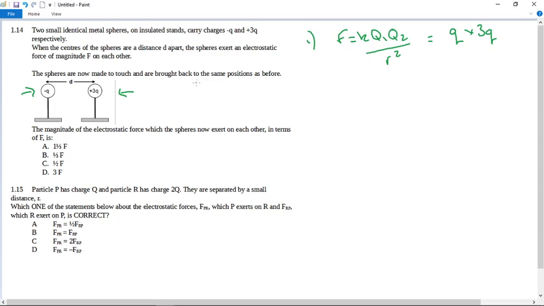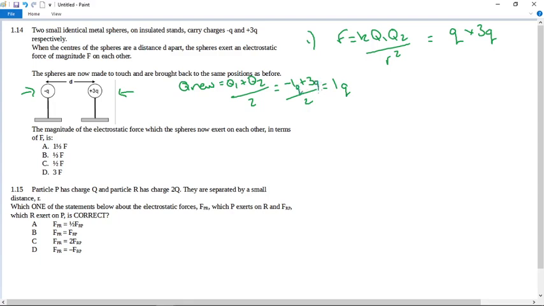If the spheres touch, the law of conservation of charge applies, and we get Q new equals Q1 plus Q2 over 2, and I have negative 1 plus 3 over 2. Negative 1 plus 3 is positive 2, divided by 2. They are each equal, now going to have 1Q on each.